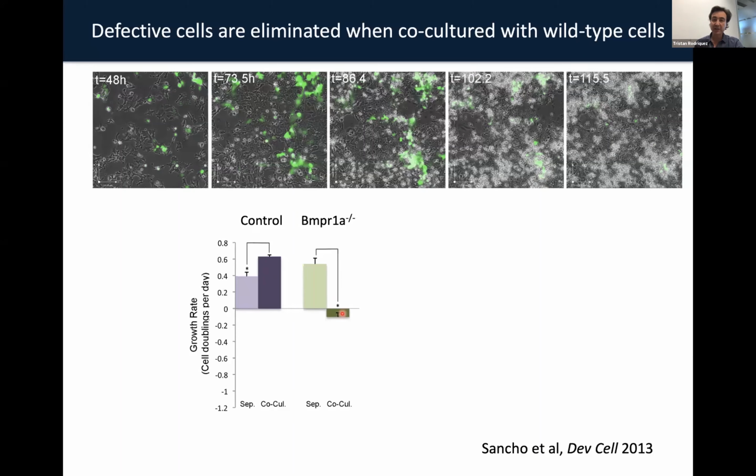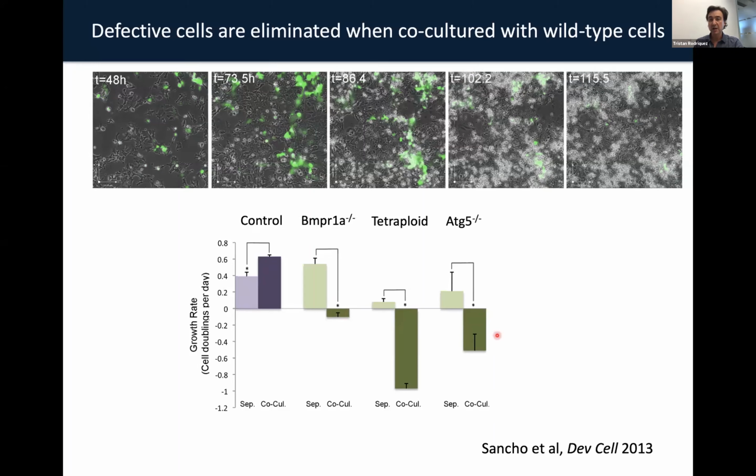Similarly, a variety of other cell types carrying different defects show the same behavior. For example, tetraploid cells or cells with metabolic defects such as defective autophagy are all eliminated specifically when they're co-cultured with wild-type cells.